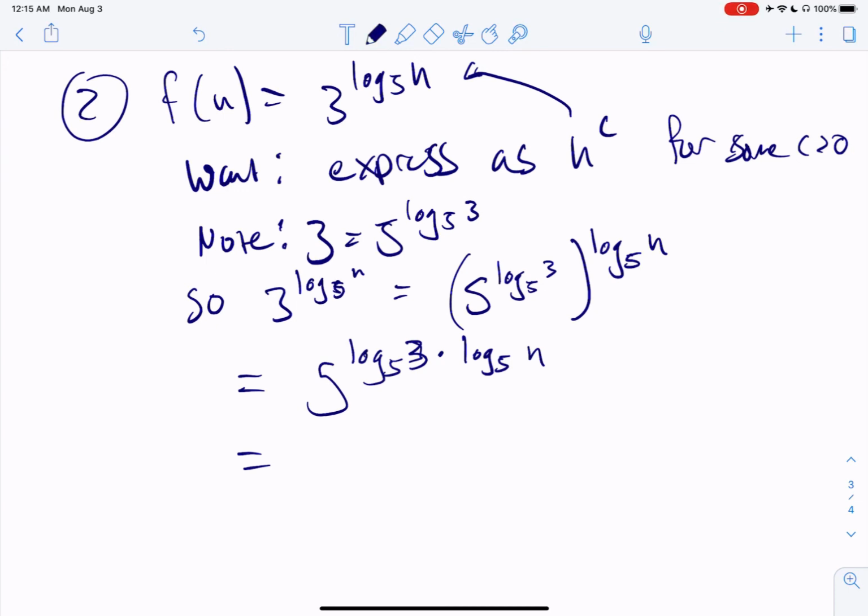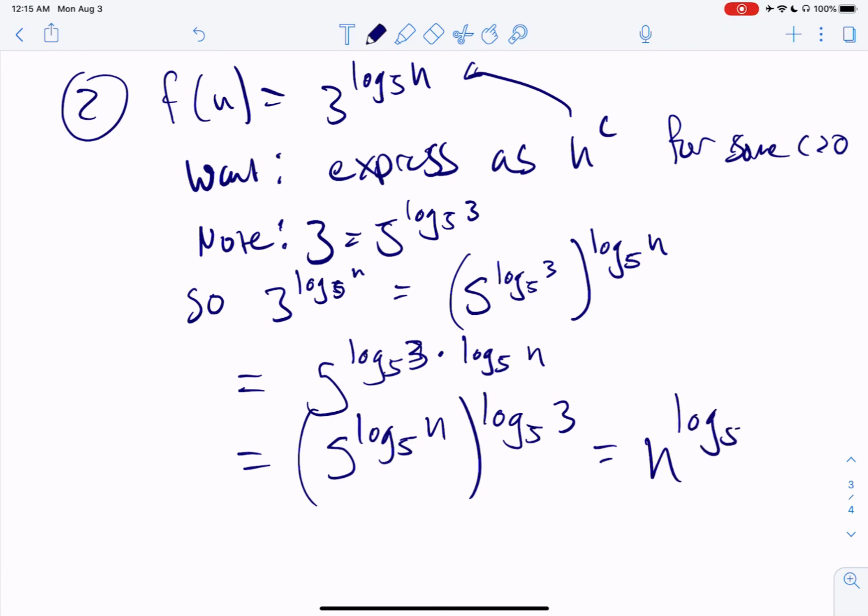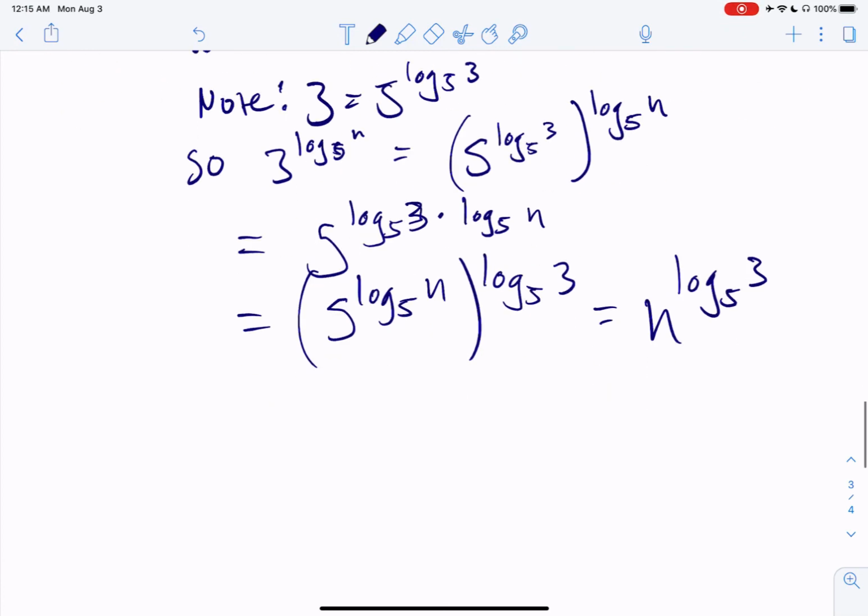This now equals 5 to the log base 5 of n, all to the power of log base 5 of 3. And of course, 5 to the log base 5 of n just equals n to the log base 5 of 3.